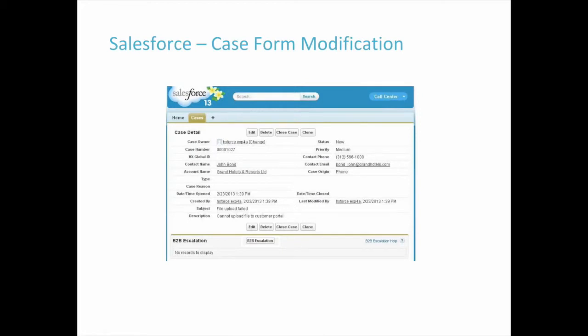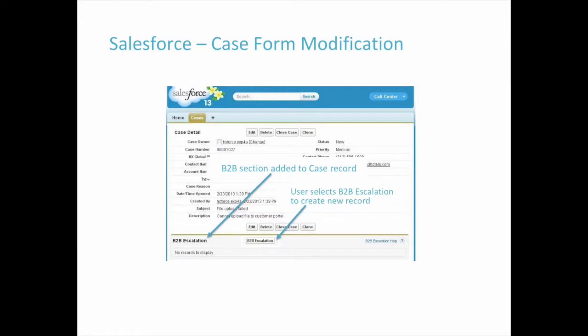If we drill down into an example of how this is installed and implemented for Salesforce, it's very similar in all the other systems as well. You can see here that it's created a B2B escalation section as part of the case record. That's the only change to the case record, so it doesn't make any changes to anything else with the case, so it's a very easy implementation.